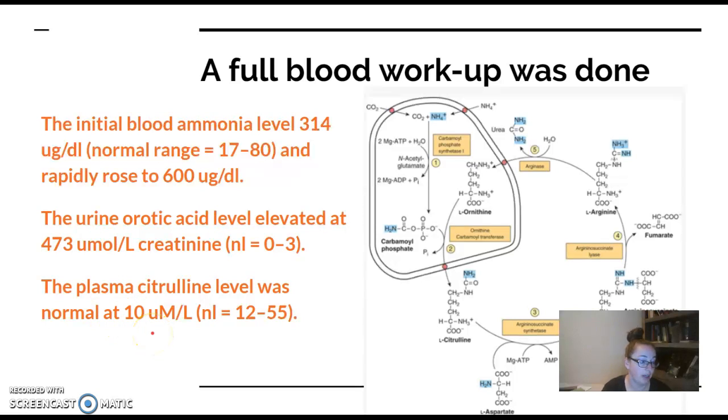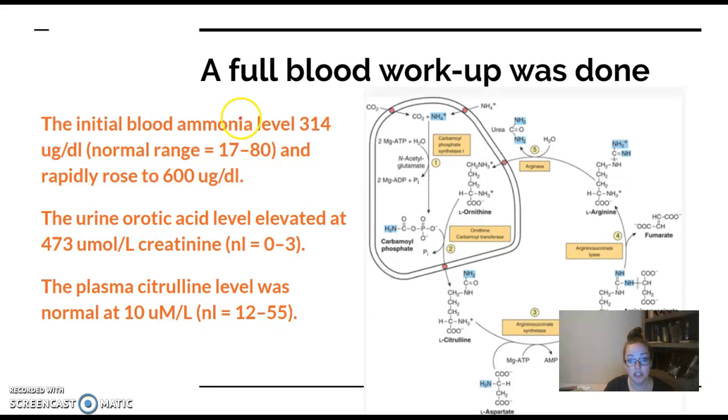So in this patient where orotic acid levels are elevated, it says to list one urea cycle enzyme that is most likely deficient and one enzyme that's the least likely to be impaired. So obviously the high blood ammonia, that's the main thing we're looking at. That tells us right away that something in the urea cycle is malfunctioning, causing toxic levels of ammonia. The elevation of the orotic acid narrows down the problem a little more.